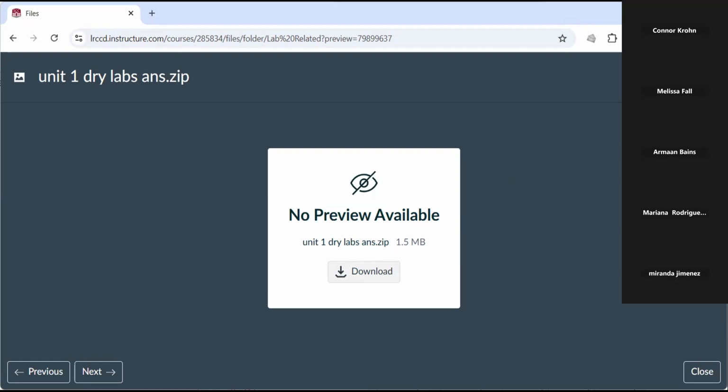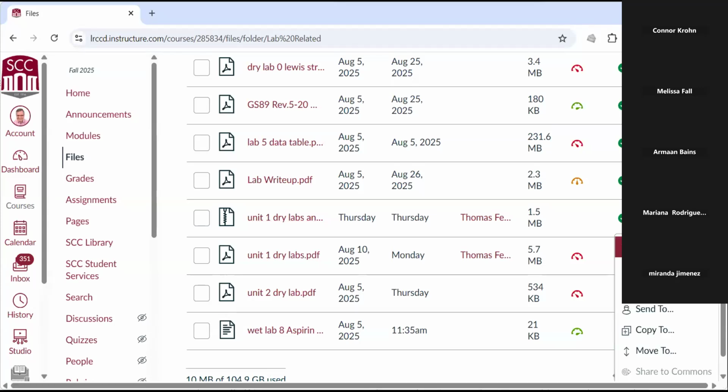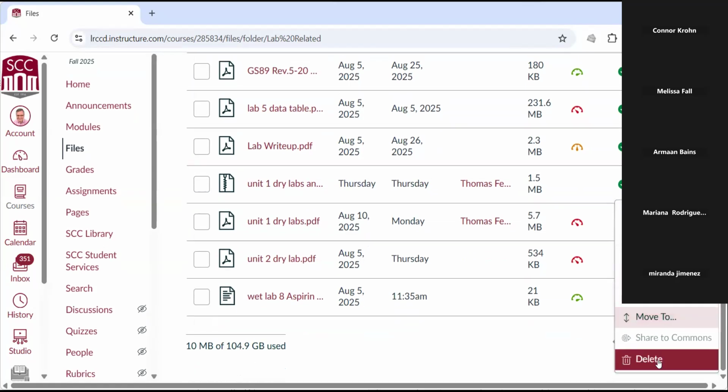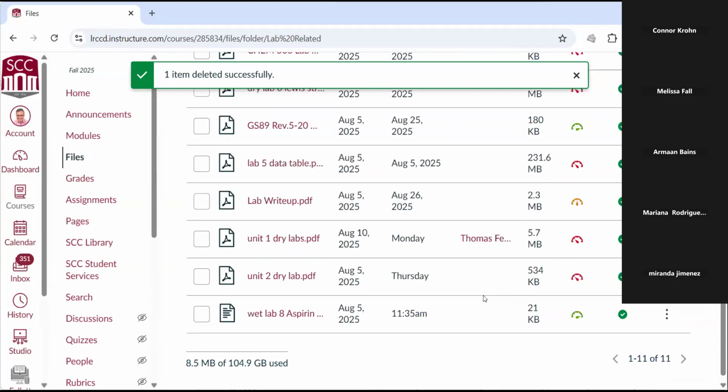Tell you what, I'll just create a new one. So I'm going to take this one off, and I'll make myself a note. So I will post that when I get home tonight.